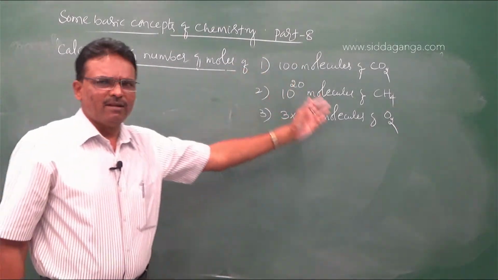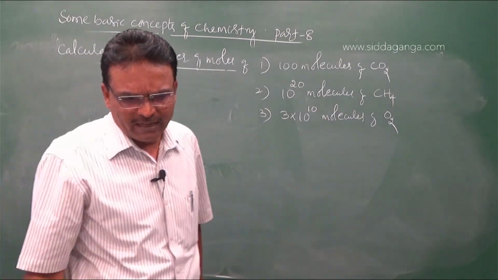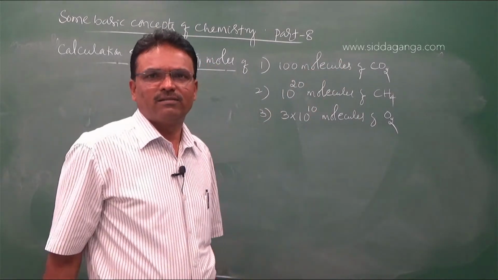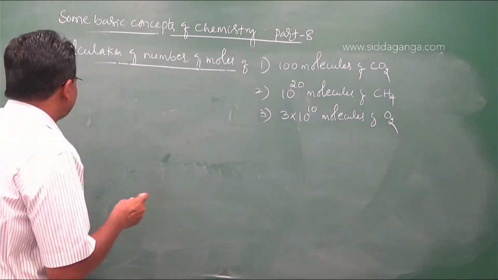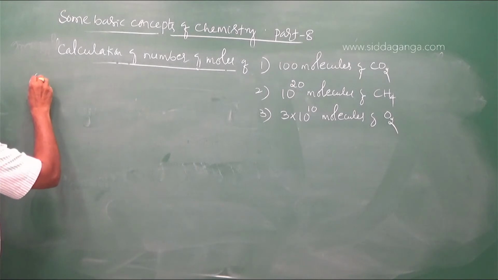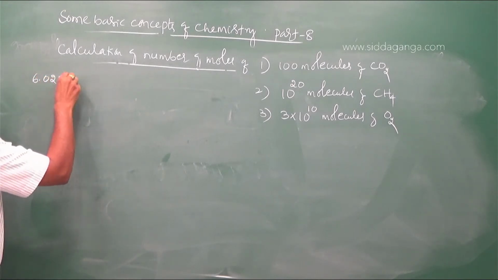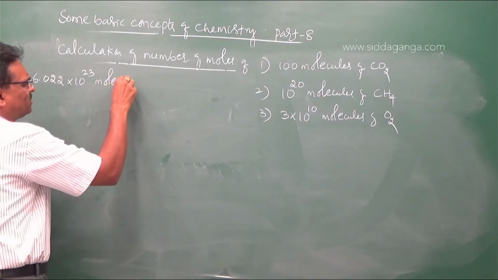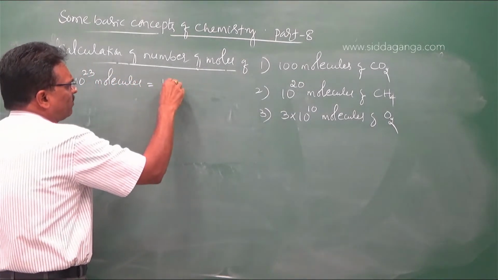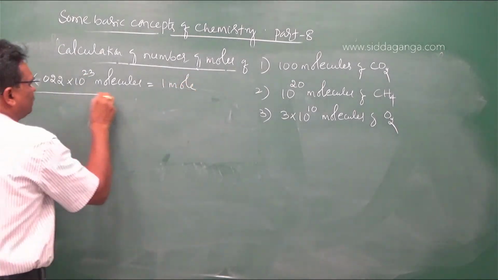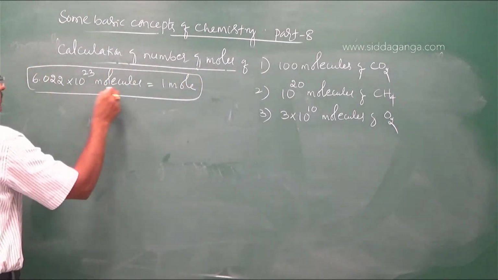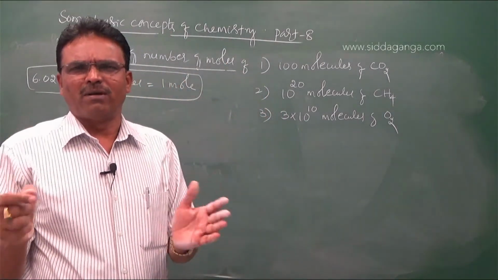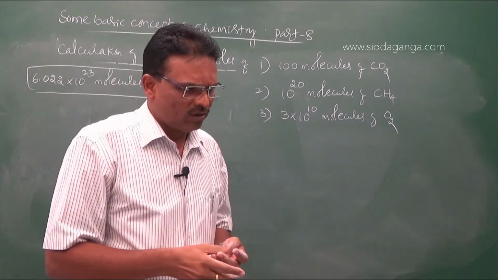How do you calculate the number of moles by giving the number of molecules? So we know that 6.022 into 10 to the power of 23 molecules is equal to 1 mole. Avogadro number of molecules is nothing but 1 mole.